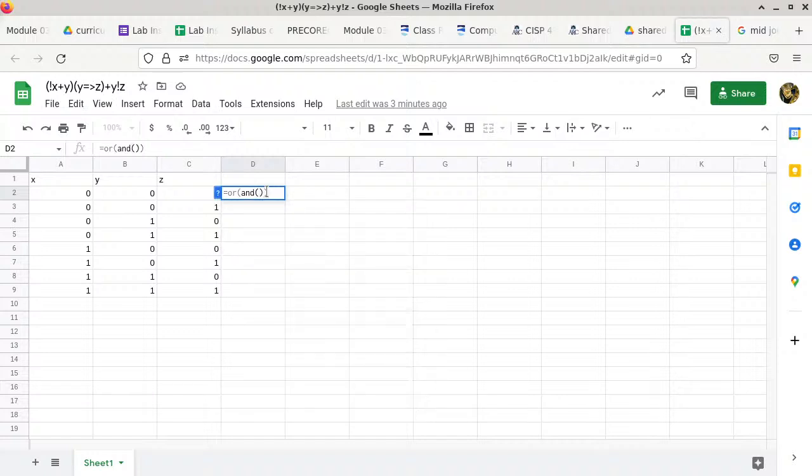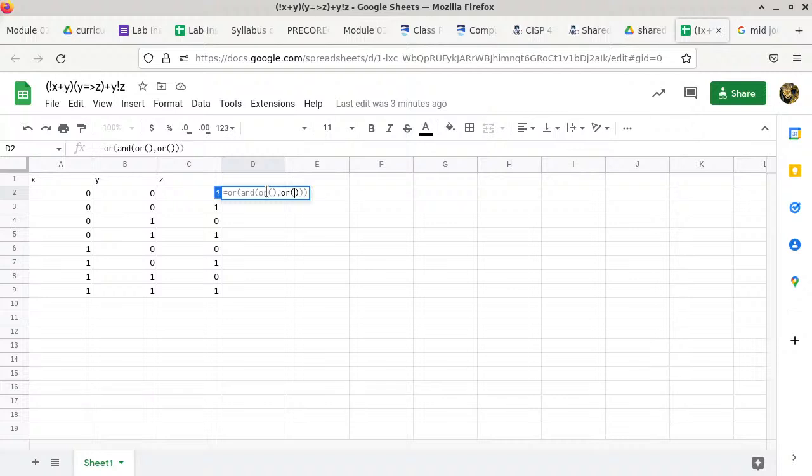And then inside the and, we have 2 components, and the first one is also the result of an or. The second one is the result of an or as well, because there's no such thing as an implication, unfortunately, in the spreadsheet. So I will show you how to do an implication using just or and not, okay?